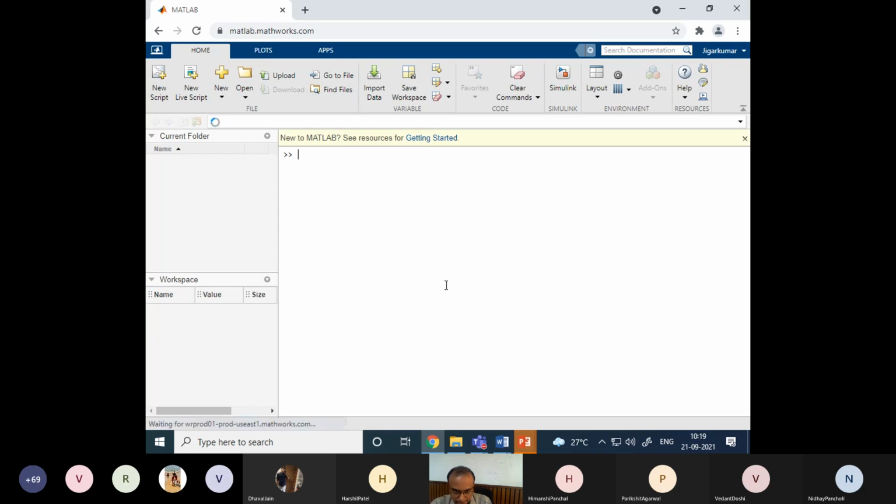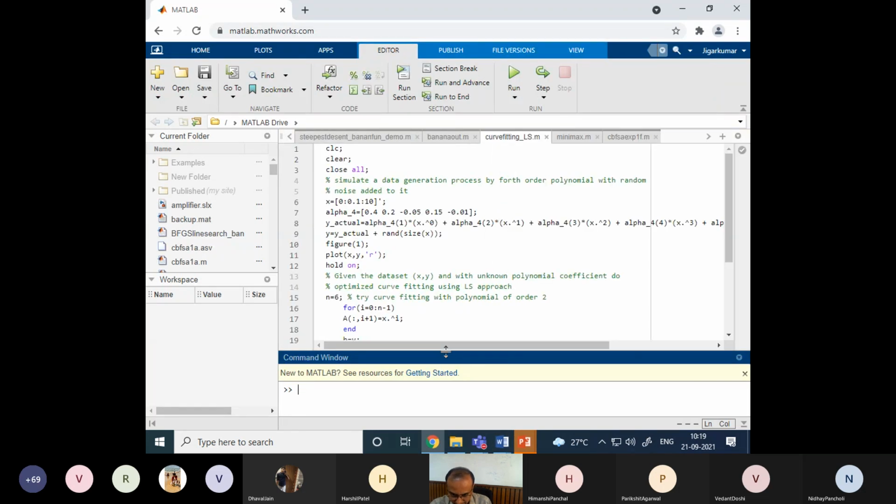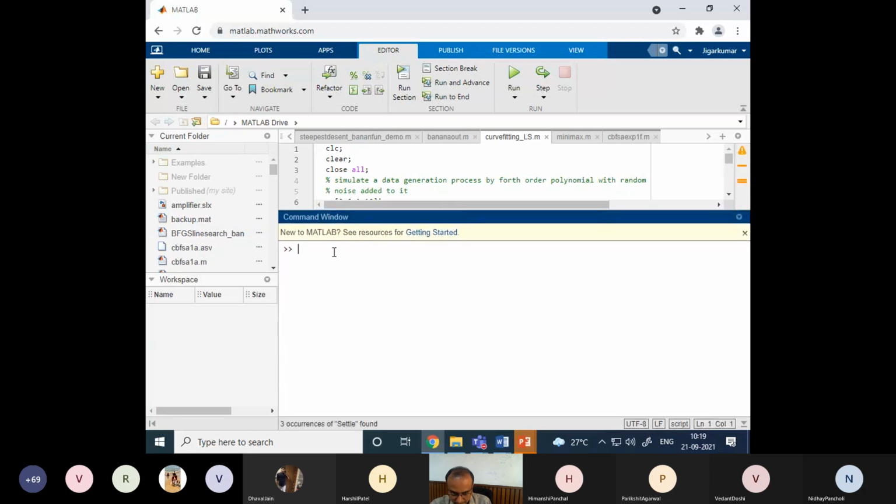Please wait, MATLAB is open now. Okay, it is loading. All right. So now what should I type first? I will use the command prompt. I am not preparing any M file. Let me use the command prompt.